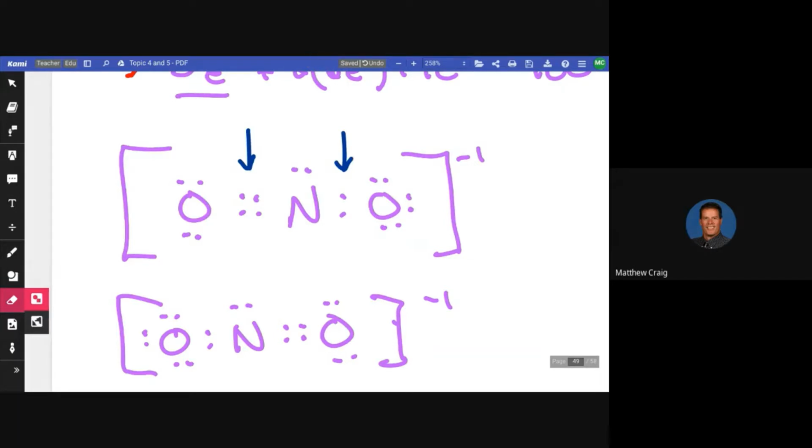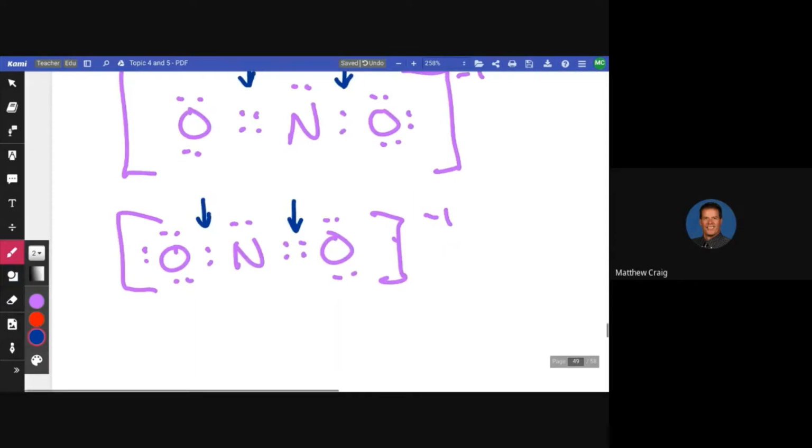If I keep having the double and single switching sides, we can say that the average length is between a single and a double, which would be 1 plus 2 divided by 2 is 1.5. If you want to make it simplistic, we would say the lengths of these bonds are 1.5 long.